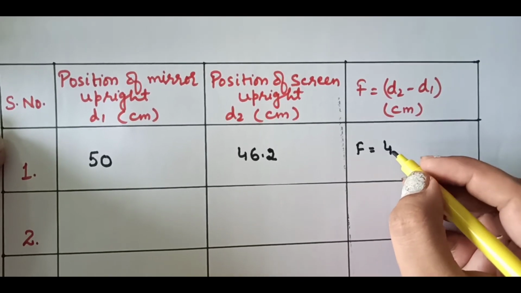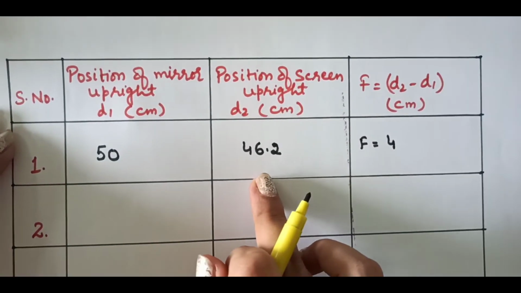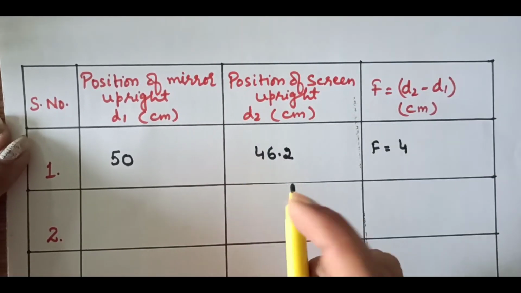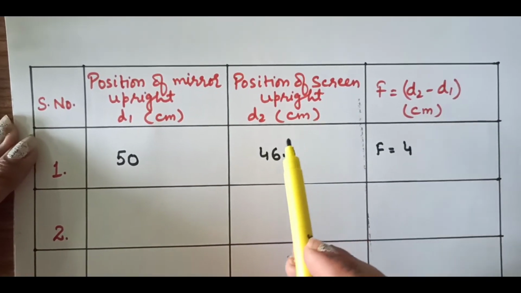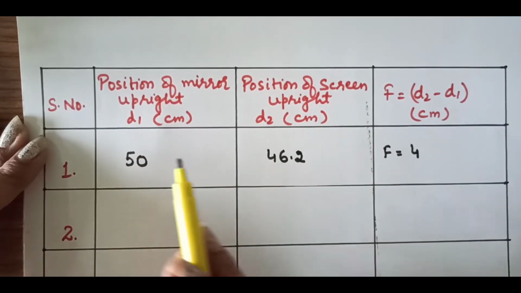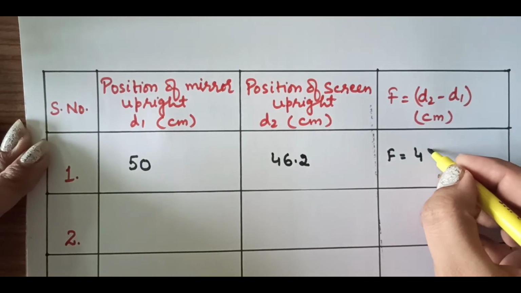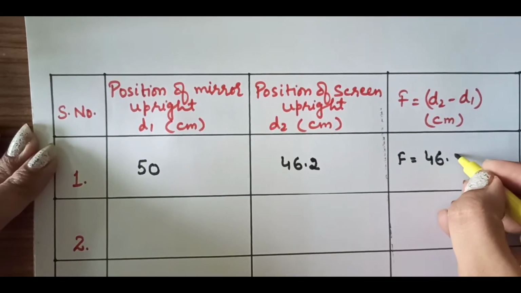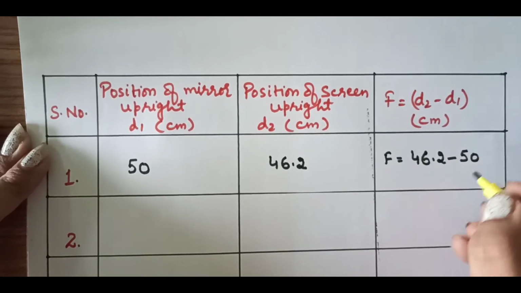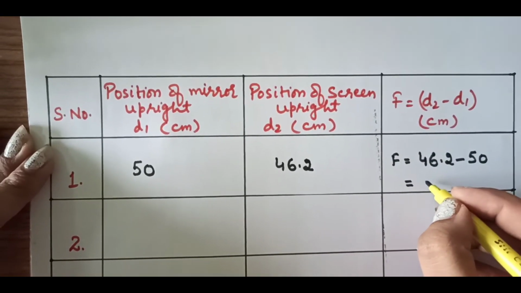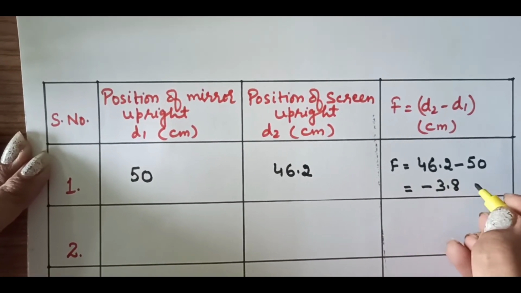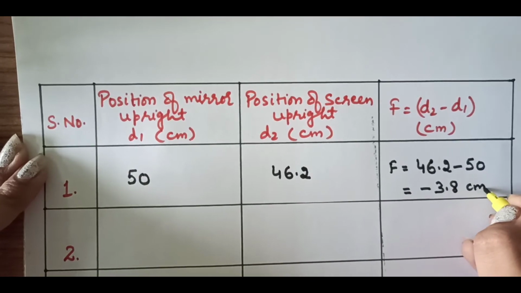So, we get the focal length by subtracting the reading D2, which represents the position of the screen upright, and the position of the mirror upright, that is D1. So 46.2 minus 50, and it equals minus 3.8 centimeter.